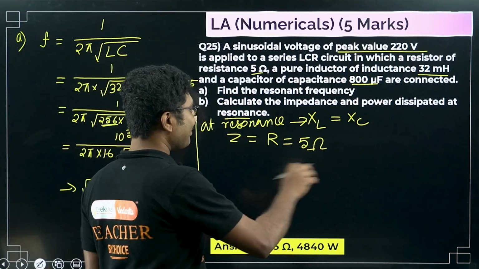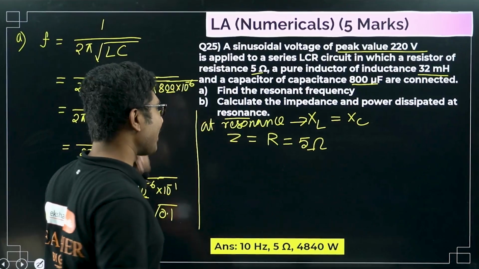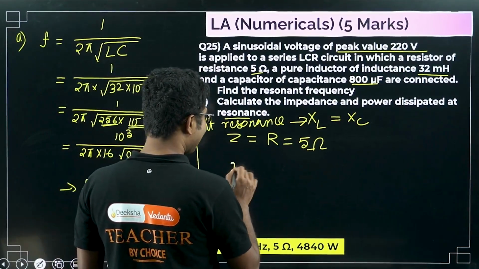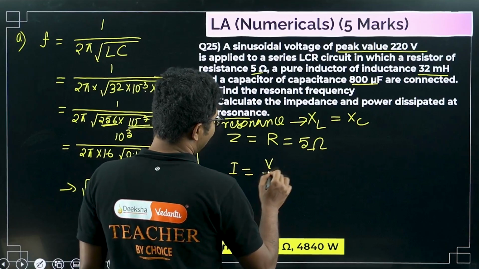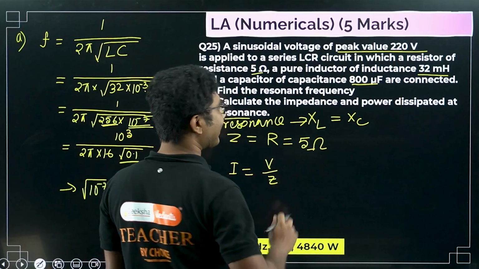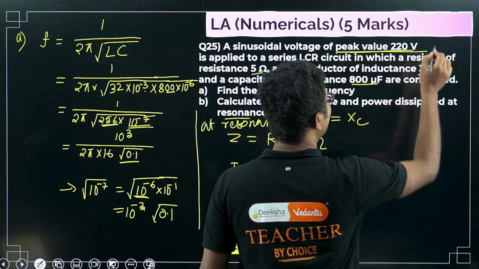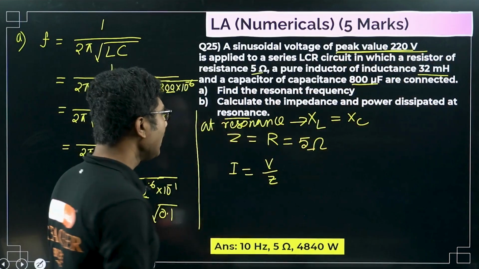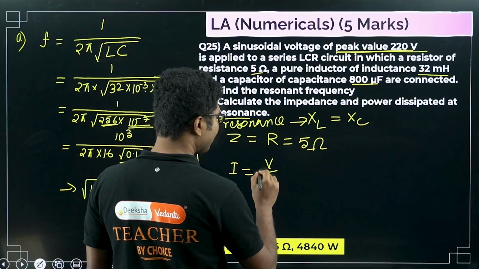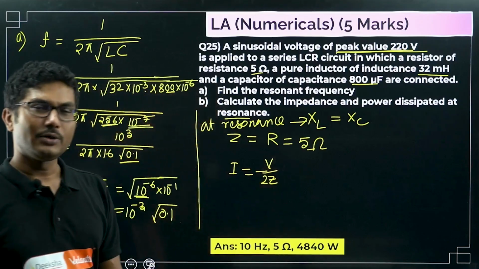Okay, so the impedance is directly 5 ohm, and what is the current? Current is basically V by R. But here is one trick you have to remember: since they have given you the peak value, to calculate current you have to use this formula, V by 2Z.